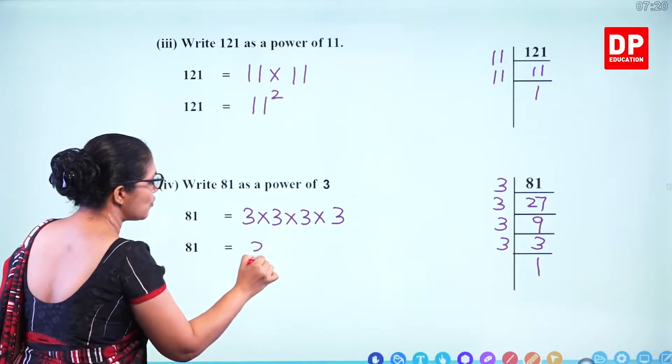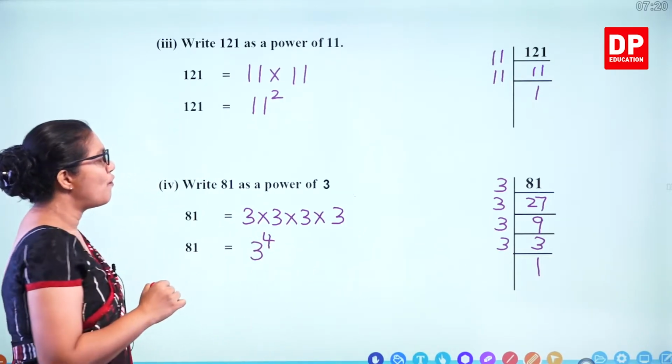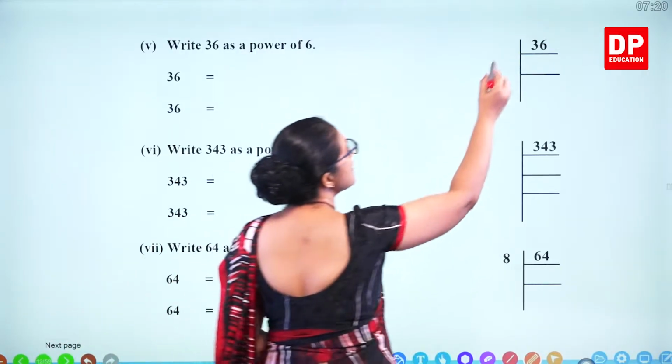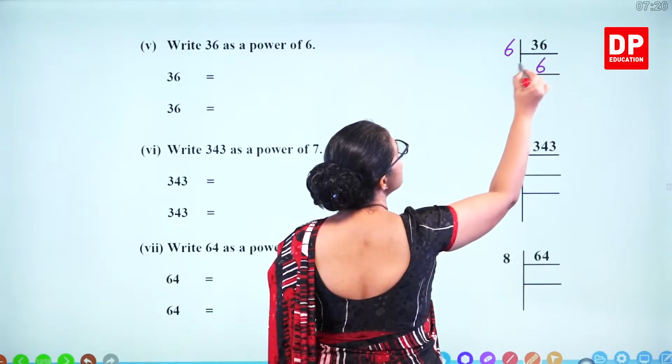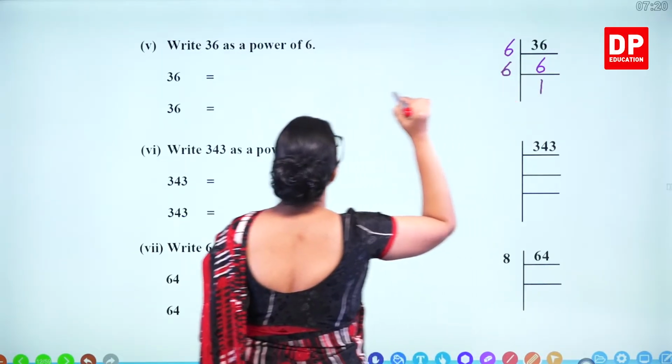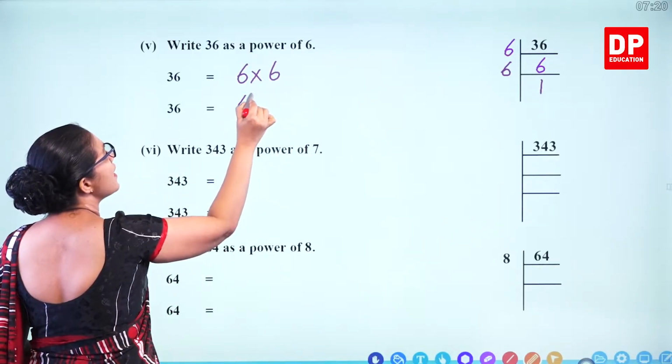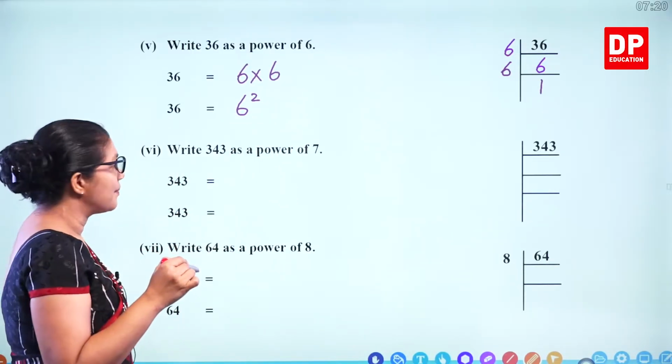That means 3 to the power of 4. Write 36 as a power of 6. Divide by 6. 6 times 6, 36. 6 times 1. 6 twice. That means you can write this as 6 squared.